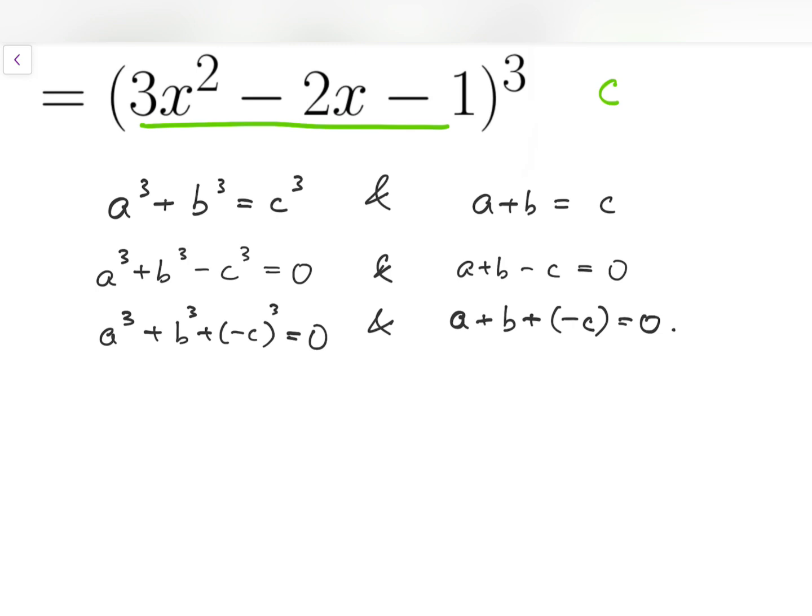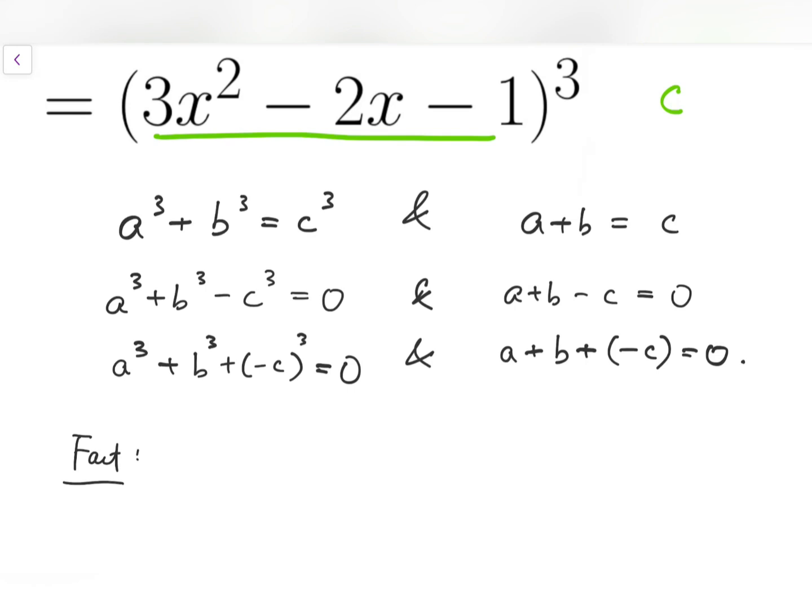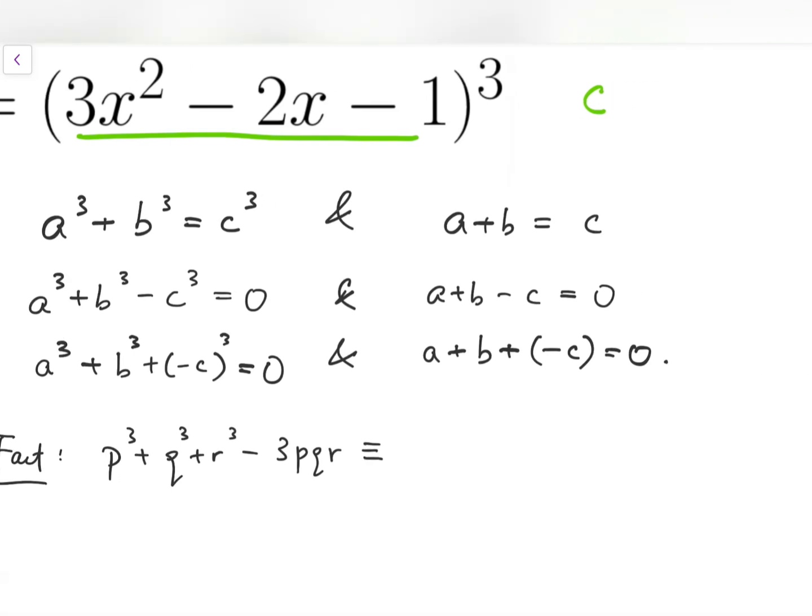Now at this point, we can recall a fact, which is an identity that says for any real number, actually it need not even be real, just three random numbers p, q, r, we can factorize this expression, the sum of cubes minus 3 times the product, and we'll get the product of their sum and this expression, p squared plus q squared plus r squared minus pq minus qr minus pr.